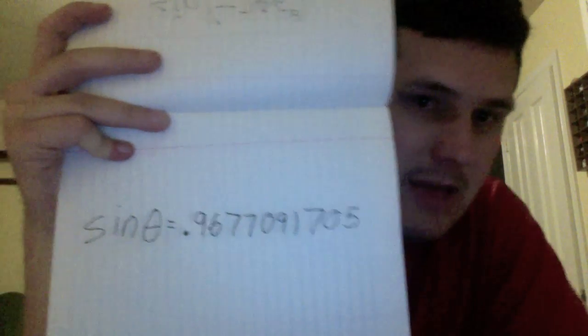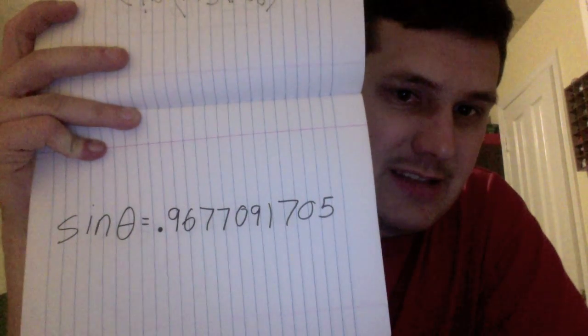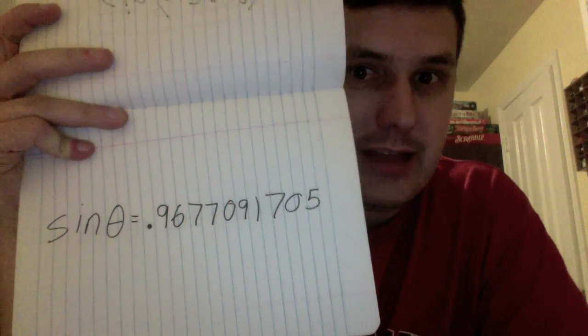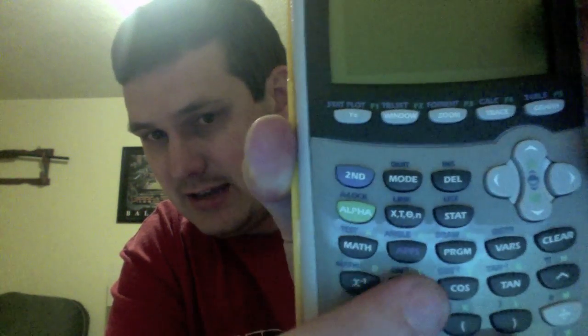The sine of some angle is 0.967091705. That's a really long decimal, but I got to put the whole thing in, and you'll see why in a second. Okay, so if I know the sine of some angle is that, then what I use is the inverse sine, and the inverse sine is right above the sine. So I have to hit second sine to get inverse sine.